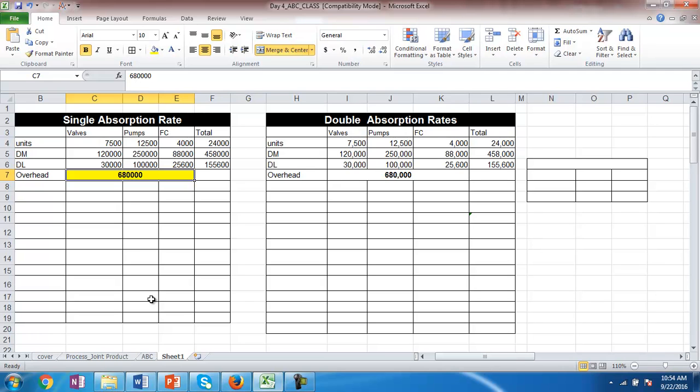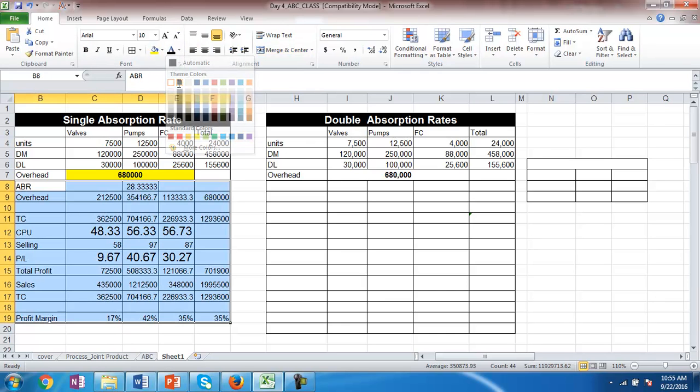So in order to find the cost, let us first assume that we are going to find the cost and profit by using a single absorption rate.